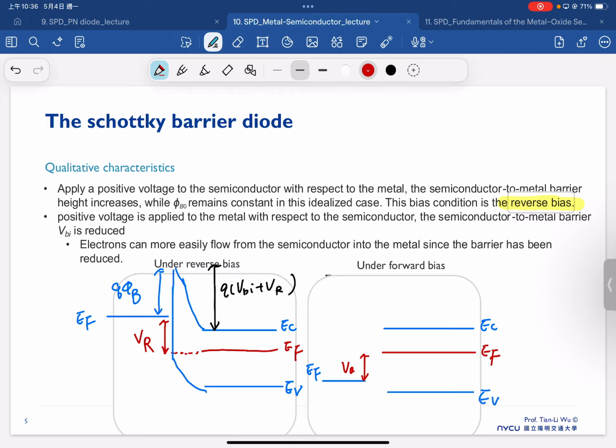And therefore, we can see the band diagram will become, and this will become q(VBI minus VA).